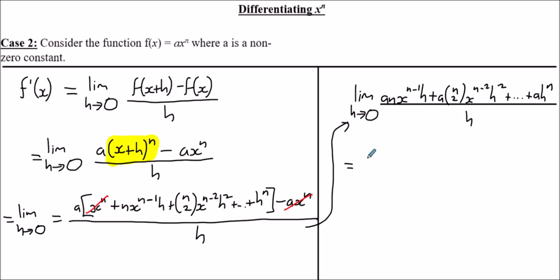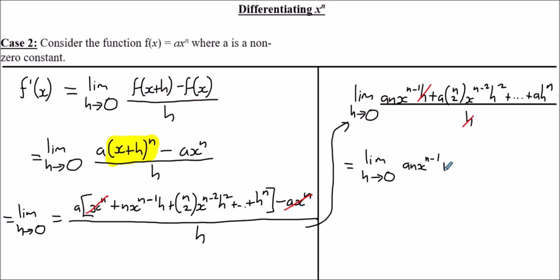And so now we need to consider what we'll be left with on the top after all the top's been divided through by h. If we look here, the h on the top of the first term will cancel exactly with the h on the denominator. And so we'll just be left on the top with an x to the power n minus 1. This h will completely have cancelled. Just emphasize this by crossing out h here and h there.